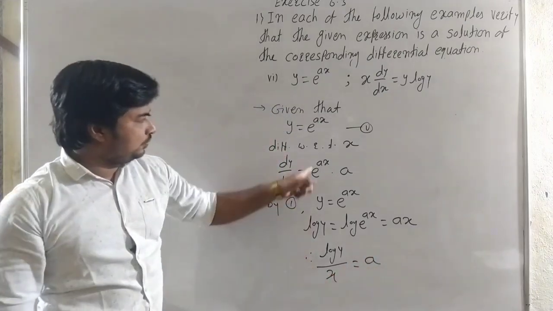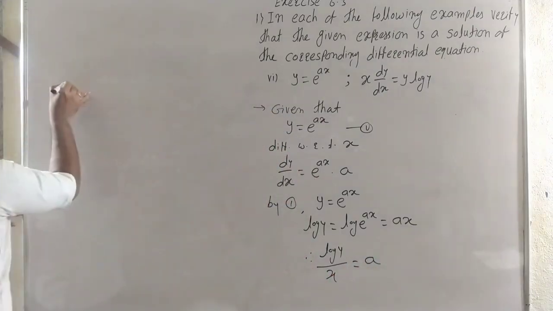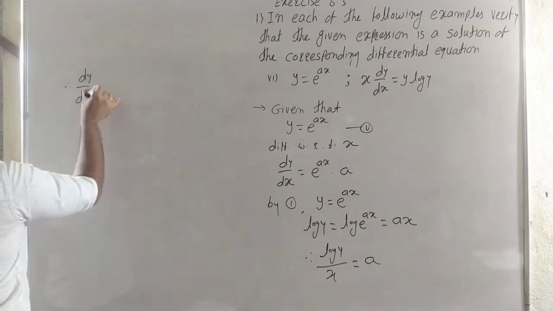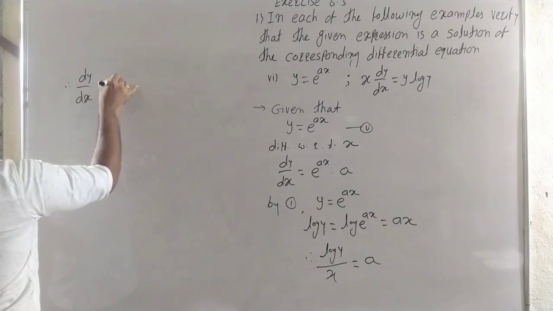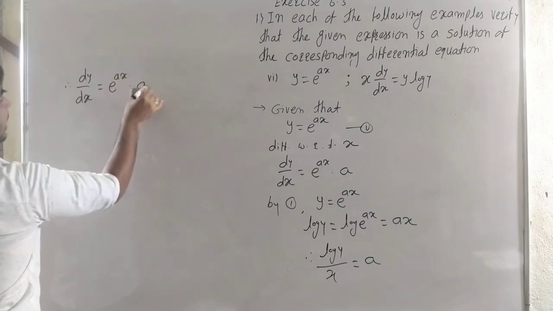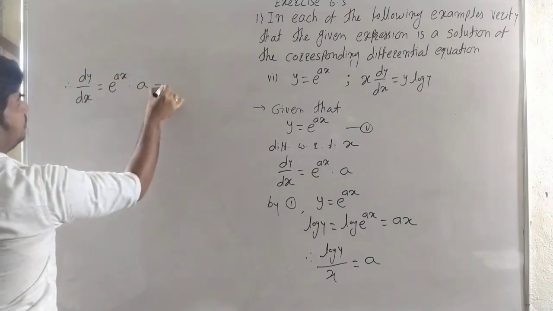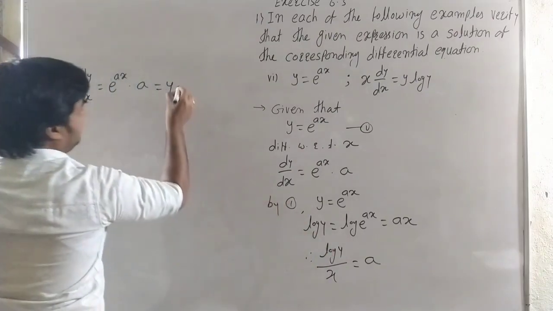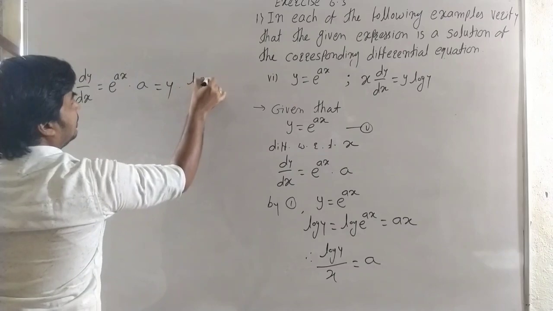Now put this value in this equation, and therefore dy by dx becomes e raised to ax into a, and e raised to ax means y, and a is log y upon x.